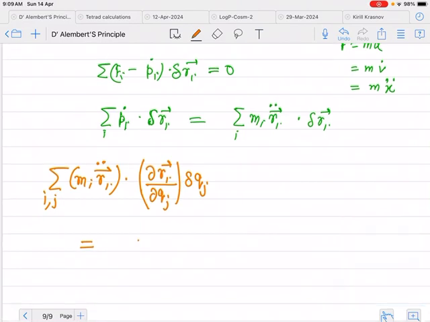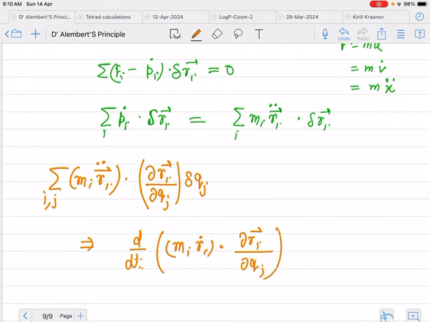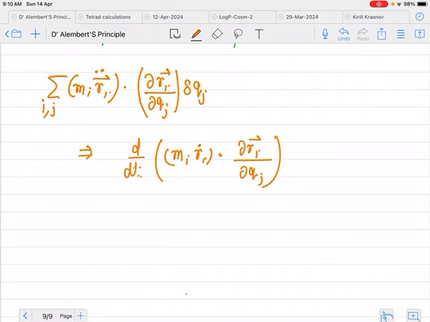If we use the total derivative d by dt of mi ri dot del Ri over del qj, this total derivative changes to derivative of first into second plus first into derivative of second, by the chain rule.